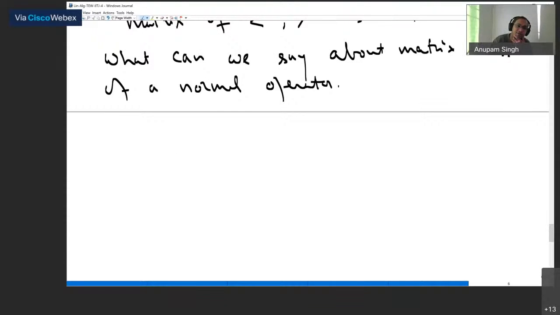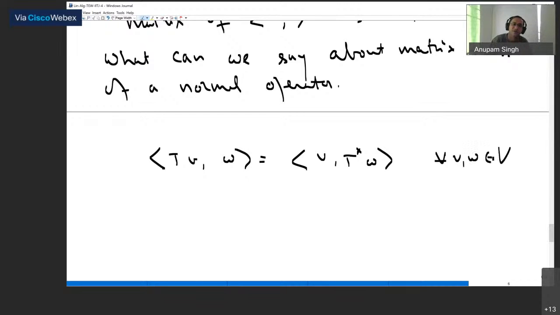The equation is something like <TV, W> = <V, T star W> for all V, W in V. So let's say the matrix of T is A and the matrix of T star is, suppose, A star, and I want to find the relation between A and A star. That is what I want to do.